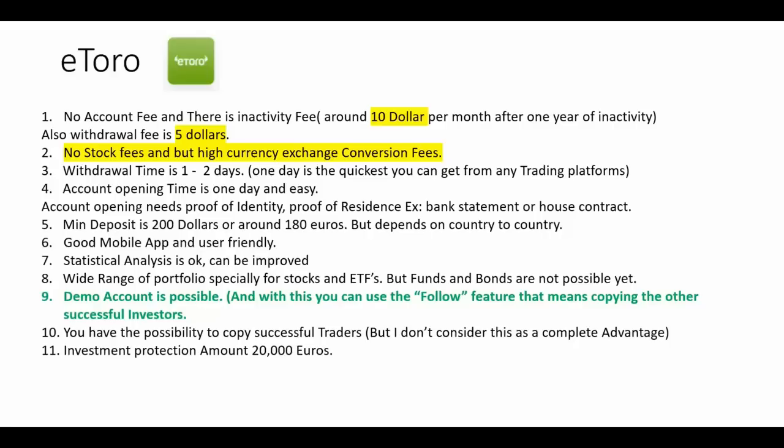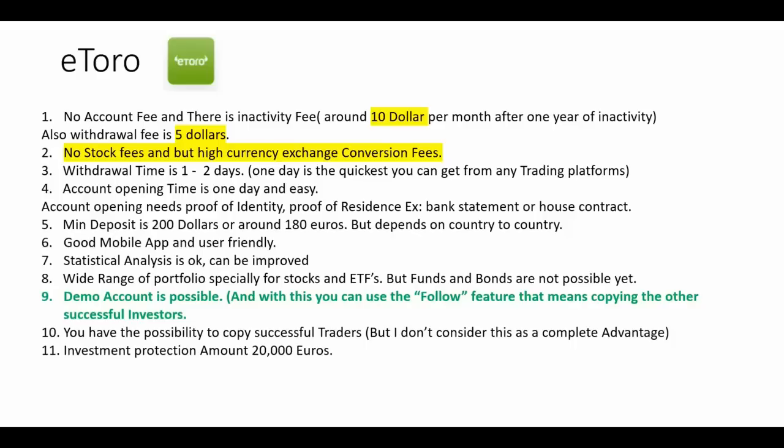Number 9, demo account is possible. Now, in this case also it's a plus point that the demo account is possible, but it also comes with another positive point, which is that you can follow or copy other successful investors. Now, like I said, positive point, but it's only positive when you are using this feature during your demo account trial.